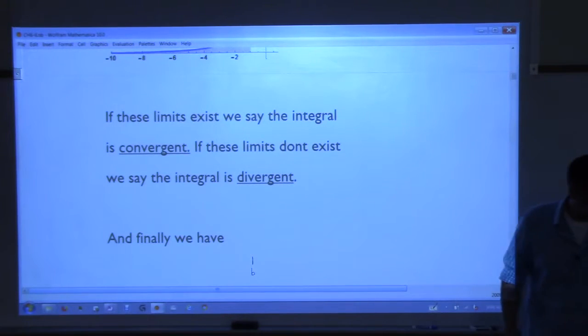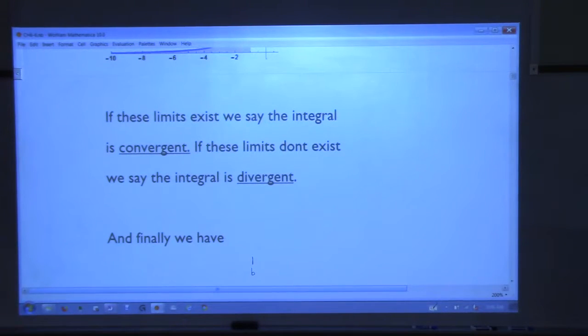Yes? So in reality, basically what we're doing is the integral is the area, and the limit is what y value it's approaching. So we're looking at what y value the area is approaching. It's not the y value of the function. The limit is actually the limit of what the area is approaching.